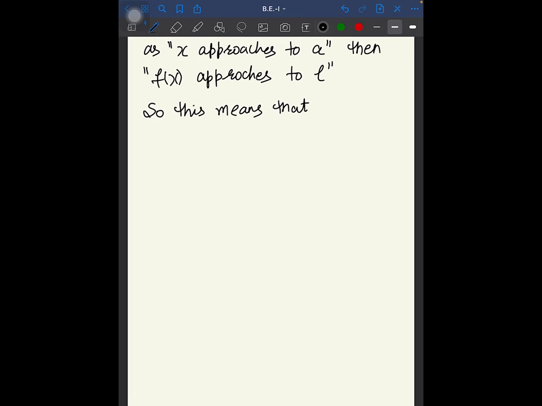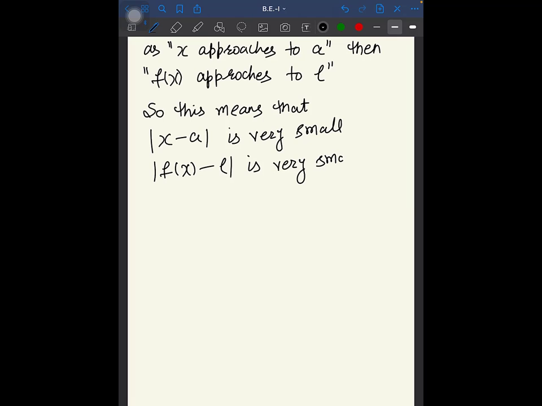as x approaches a, f of x approaches L. That means that the difference of your x and a is very small, and the difference of f of x and L is very small, right?